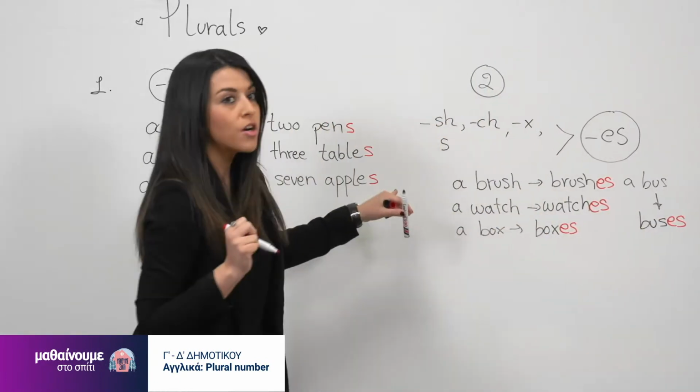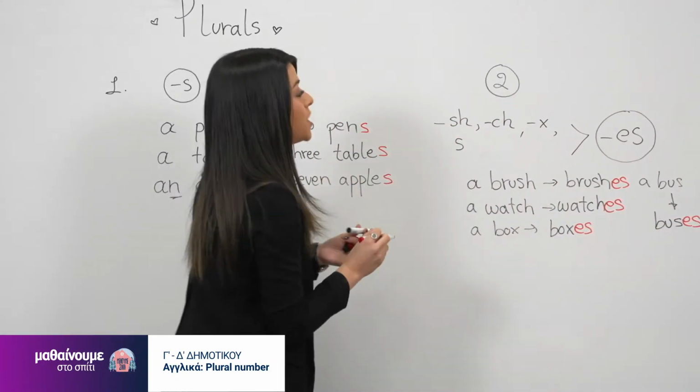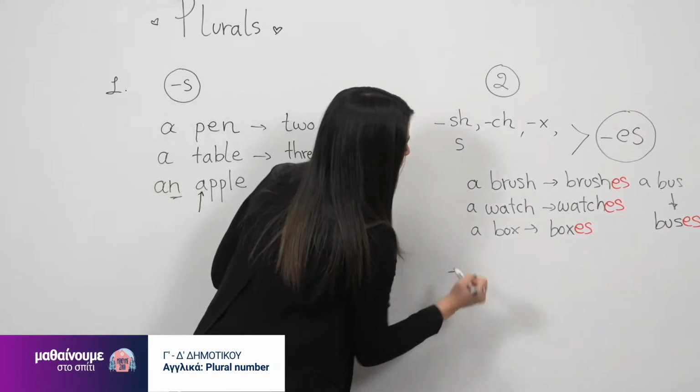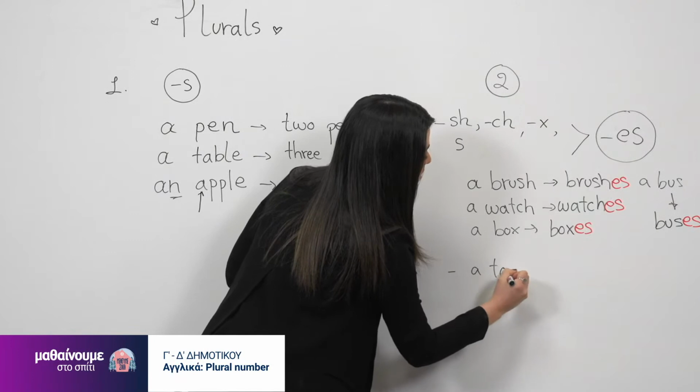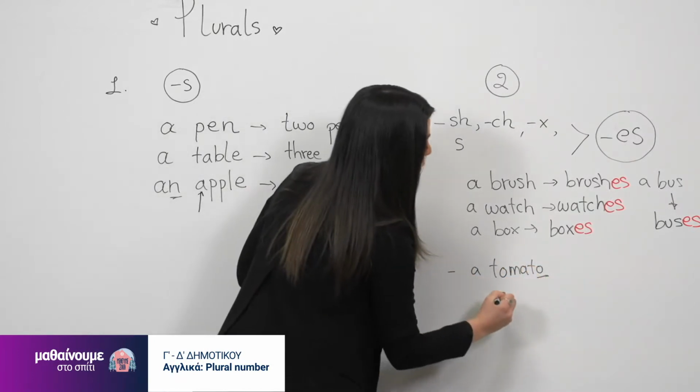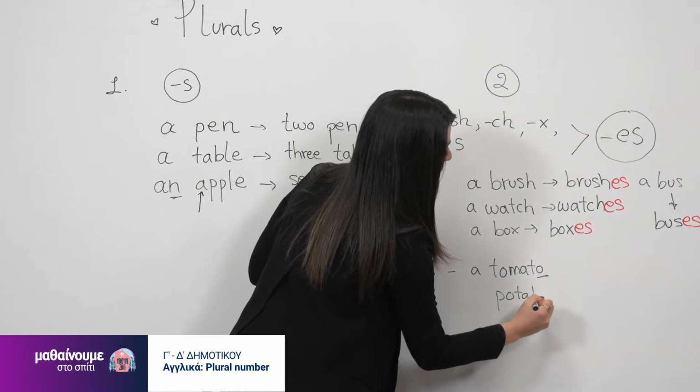Okay? Here we also have nouns that end in O, but these have some exceptions. Let's see the basics though. A tomato ends in O, okay? Or a potato.